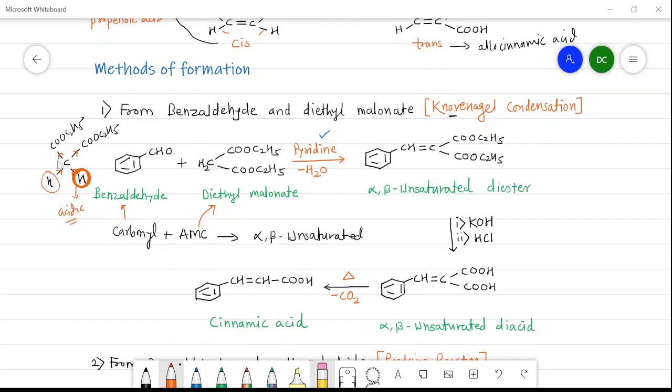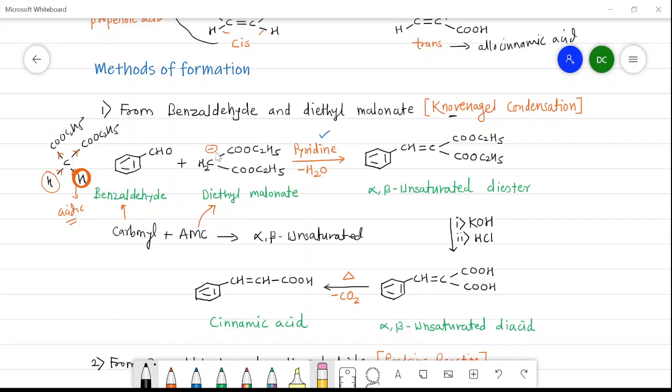This type of compound is called an active methylene compound, because the electron withdrawing groups attached to the carbon activate this hydrogen, and when this active methylene compound is treated with the base, the base abstracts this hydrogen and there is a formation of negative charge on the carbon.